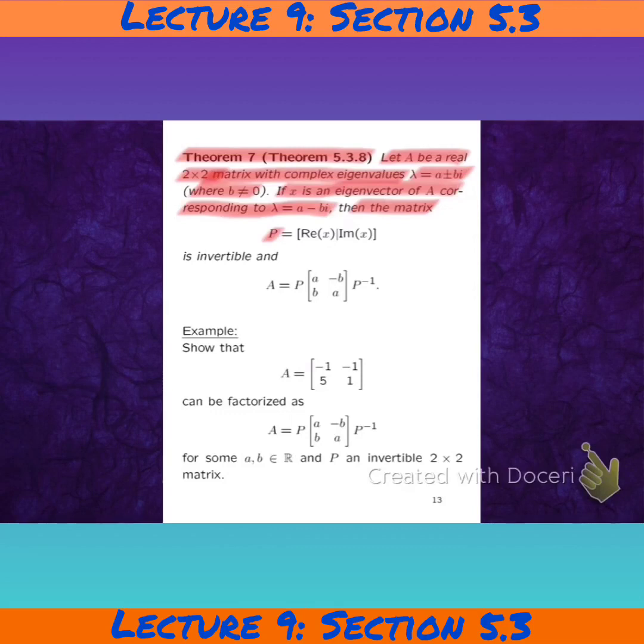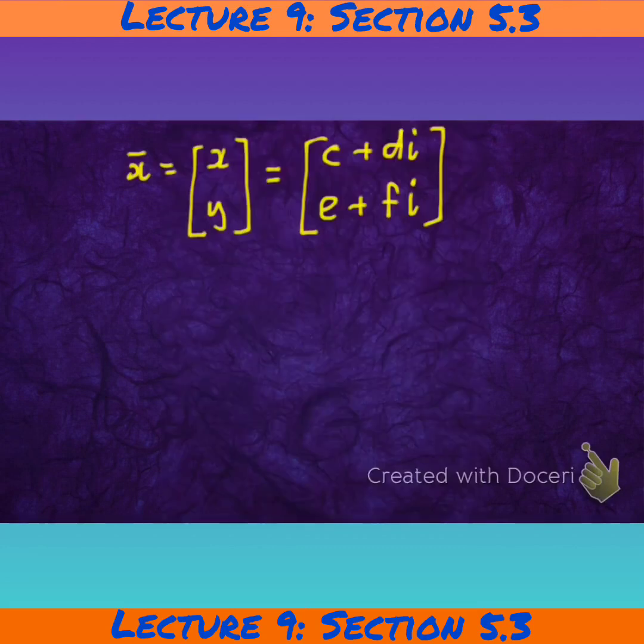The vector X is going to have the following form. So the X part is going to be possibly a complex number, and the Y part is going to be possibly a complex number. So this matrix P that you form is, all you do is you form this matrix by dividing the real and the imaginary parts up.